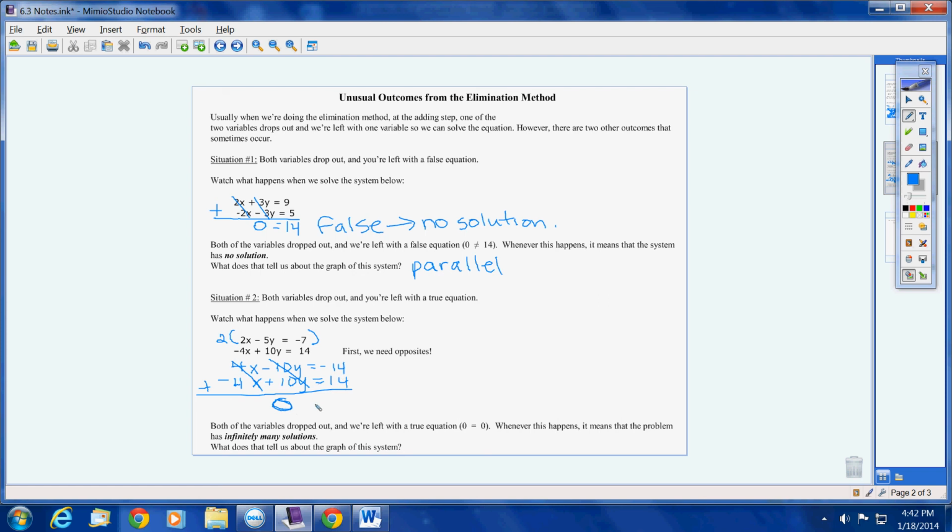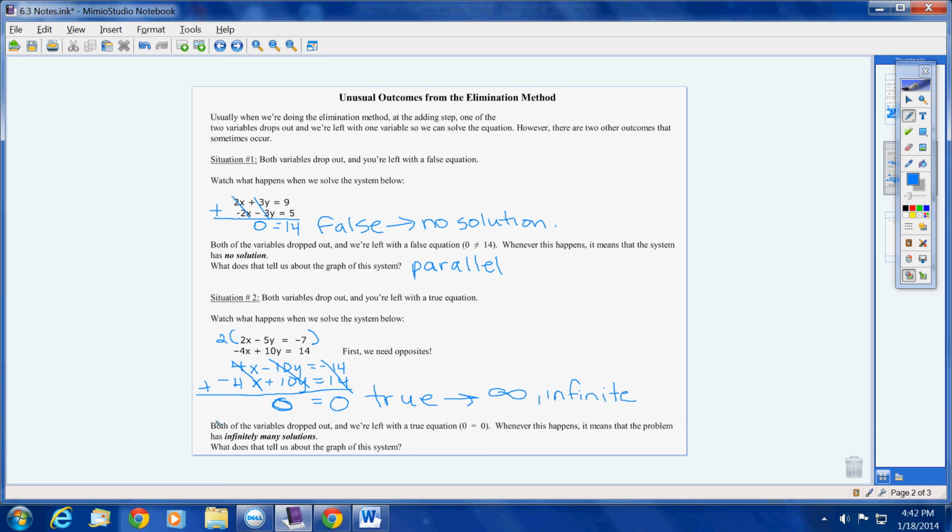Well, when I get to my constant, 14 minus 14 also equals 0. So now everything cancels out, and I get 0 equal to 0. Well, that's still a true statement. 0 is equal to 0. So what does that mean for our solution? Well, that means our solution is infinite. We have an infinite number of solutions.